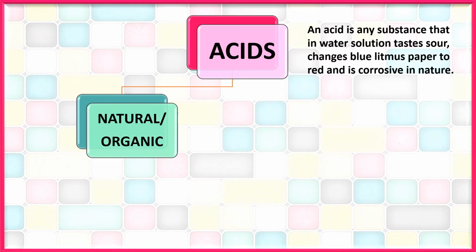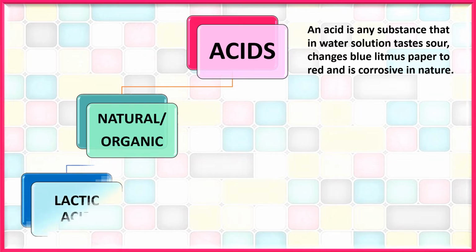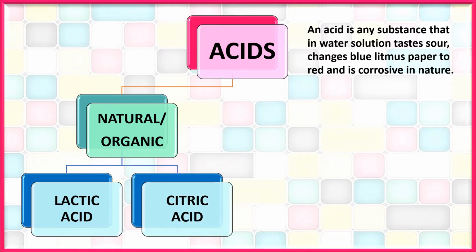Now, there are two types of acids. One is a natural or organic acid coming from plants and animals, like lactic acid or citric acid.